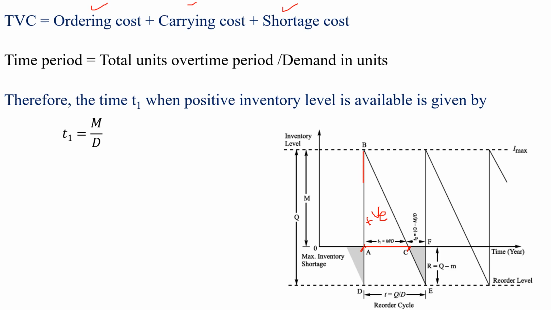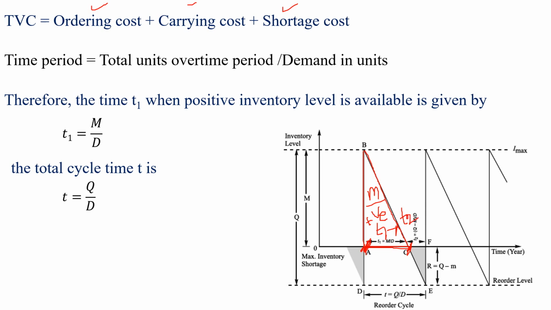In this time period we have M units, with respect to the total annual demand D. So T1 will become M by D. Next we have to see the total cycle time. What do we mean by total cycle time? The total cycle time will become T1 plus T2.